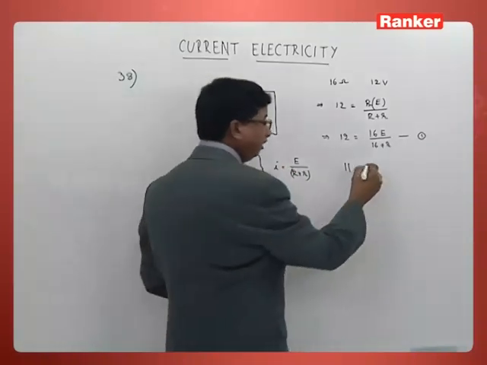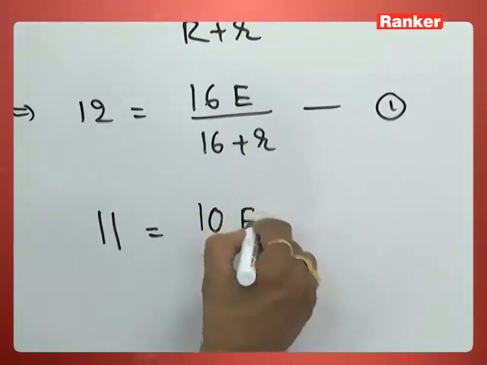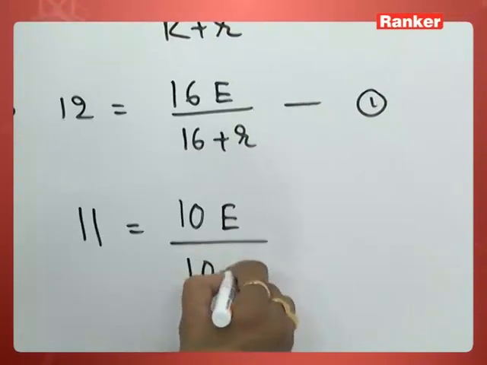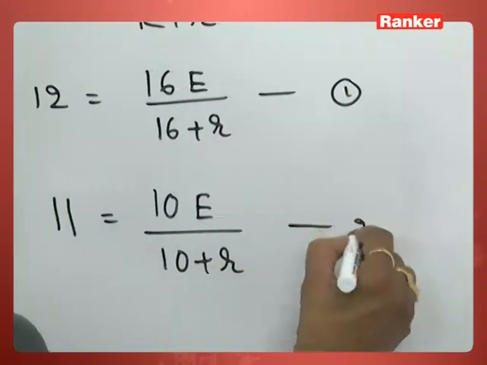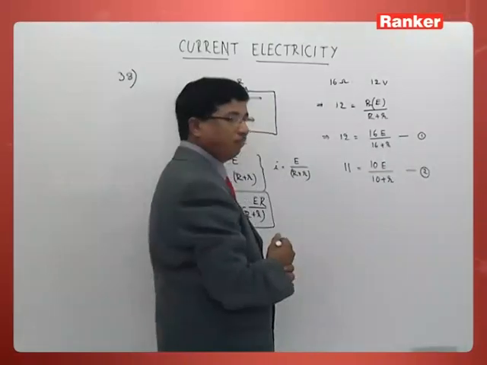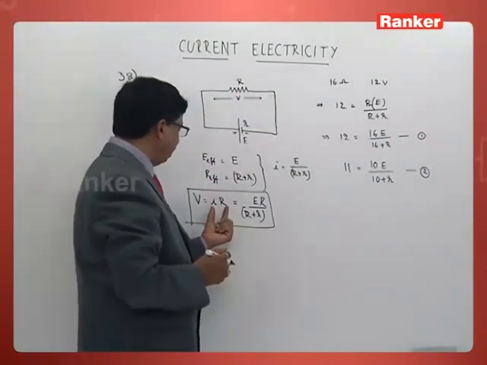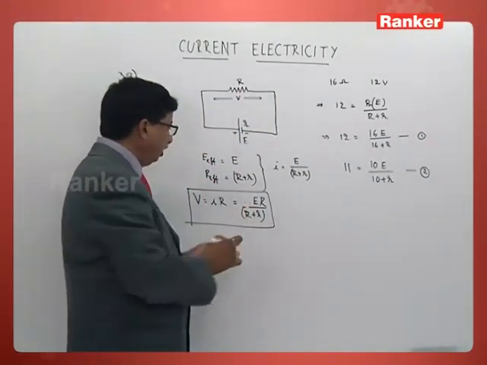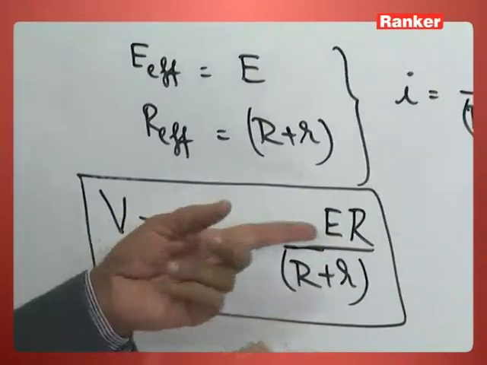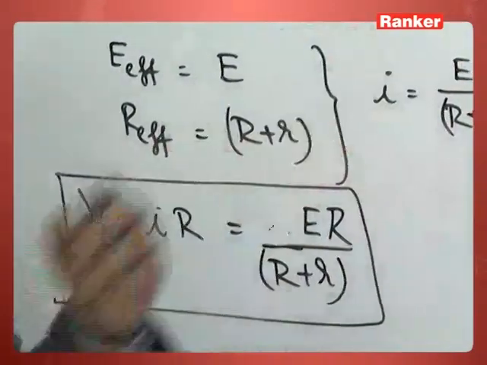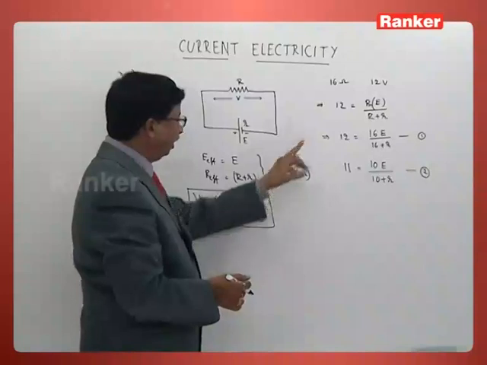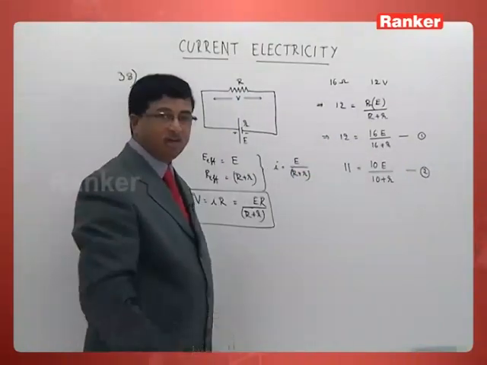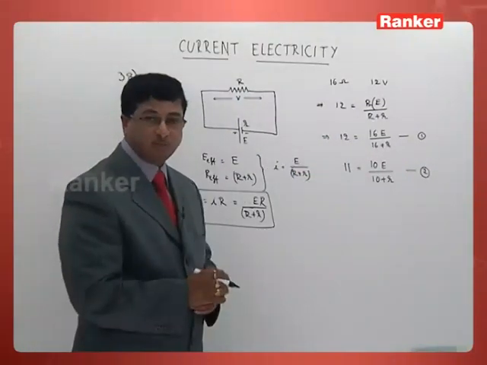So we can write 10 times E by 10 plus r. That's my second equation. So all of you can understand IR, that is E by R plus r into capital R. That is the formula that I have repeated twice according to the values which are provided to us.